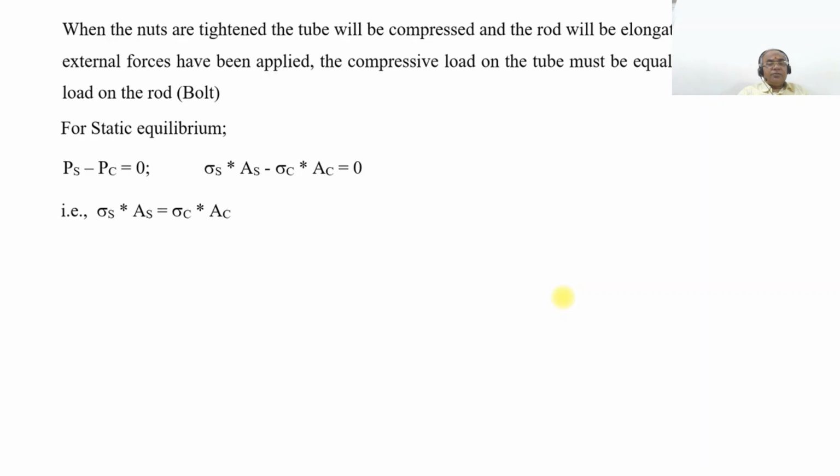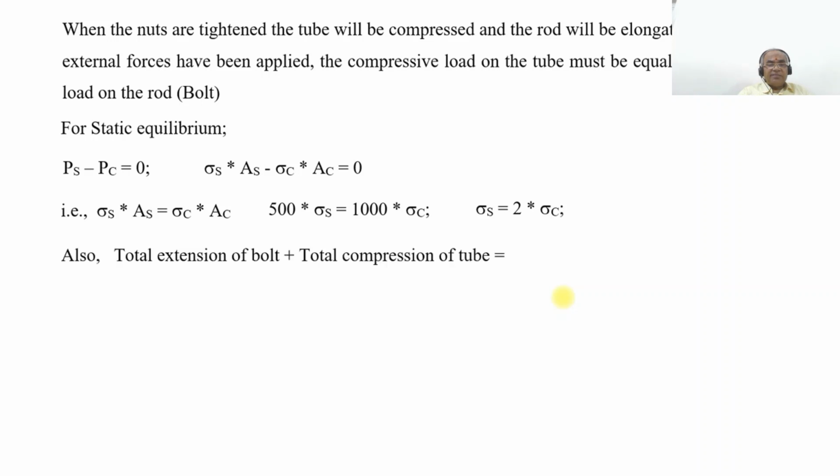Transferring this to the right-hand side, it becomes positive: sigma S into AS equals sigma C into AC. We know the area of the steel bar is 500, so sigma S into 500 equals sigma C into 1000. So sigma S will be equal to 2 times sigma C.